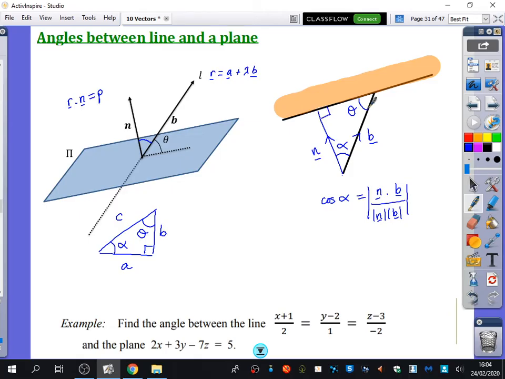But instead, what is cos alpha from this? Using adjacent and hypotenuse and things like that, what is it? A over C. What else is A over C, this time using theta instead of alpha? Sine theta. Good.